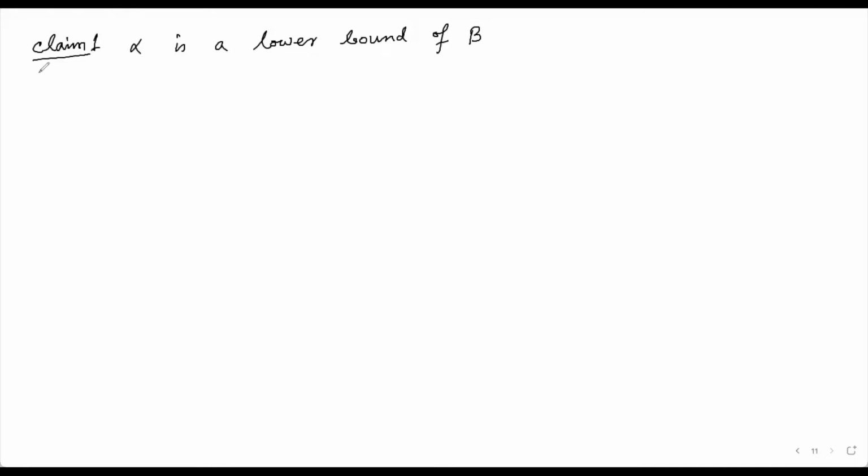So first we prove claim one, and the proof of claim one is by contradiction.